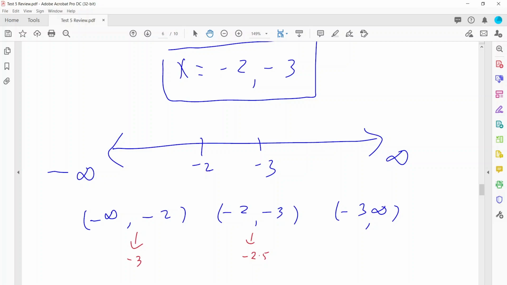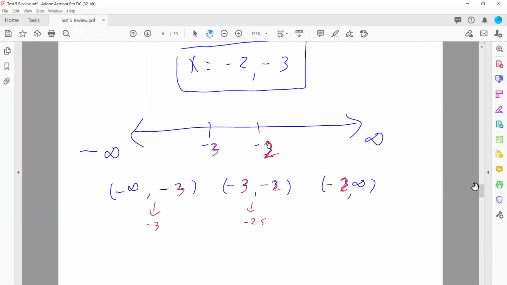Okay, I just have to switch it. It should be -3 here and -2 here. That's the mistake, because negative number. So it should be from -infinity to -3, -3 to -2, and then -2 to positive infinity.